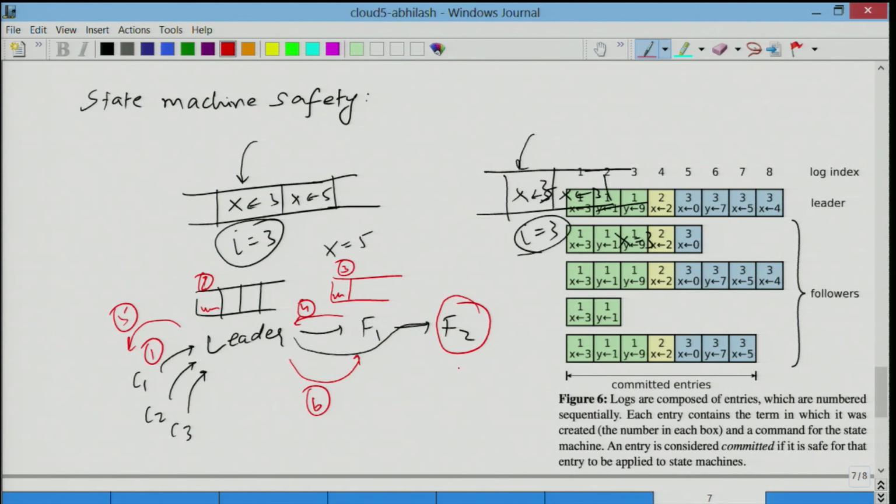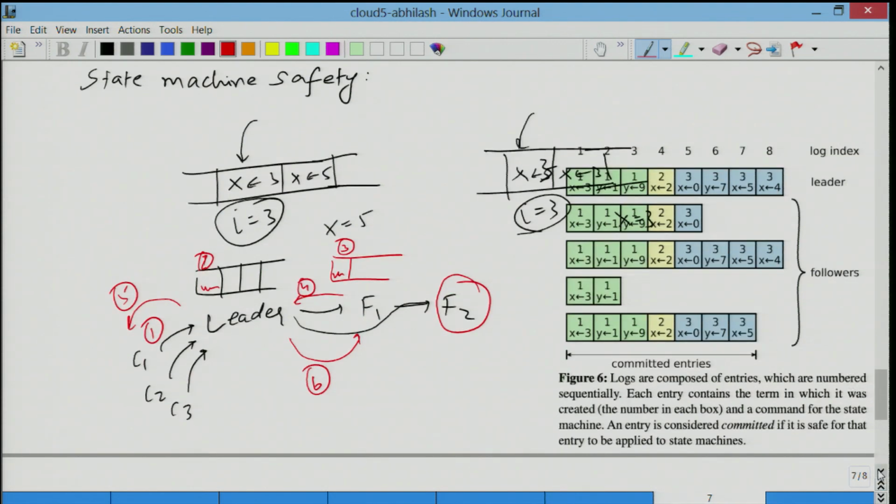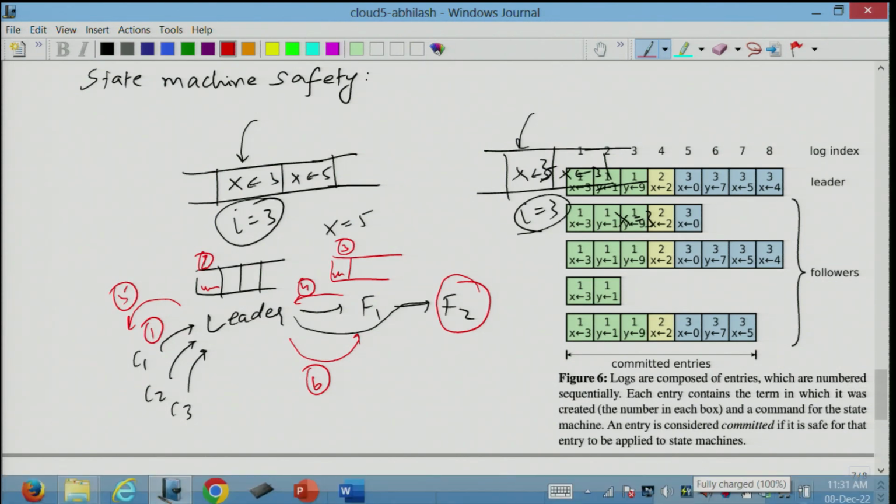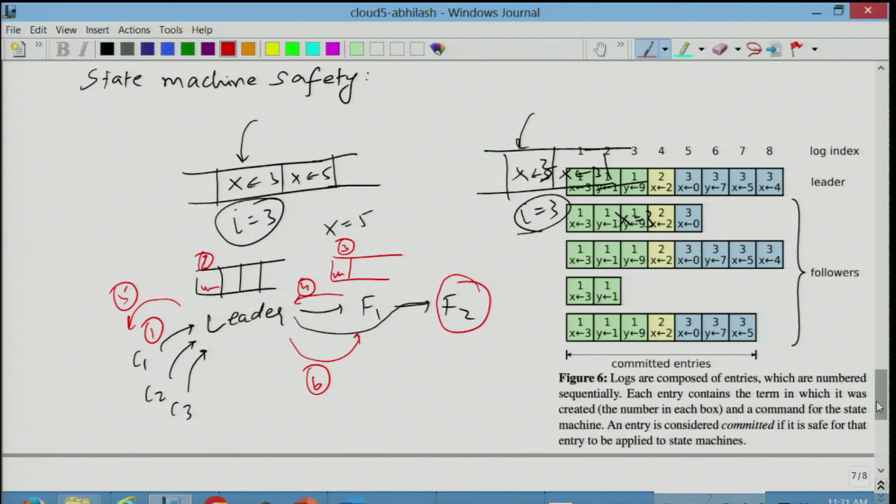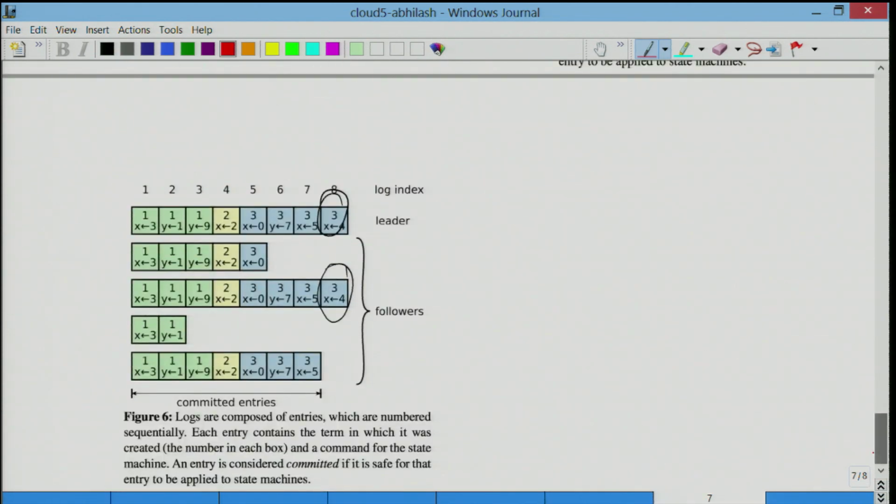So if F2 crashes, we are okay, right? Because we only have to wait for a majority. If both F1 and F2 crash, then our system becomes unavailable, right? So 2F plus 1 replicas can only handle F faults, because we need a majority to progress.